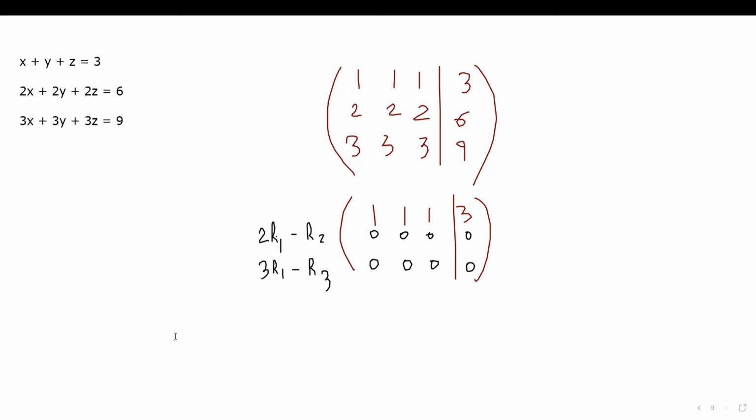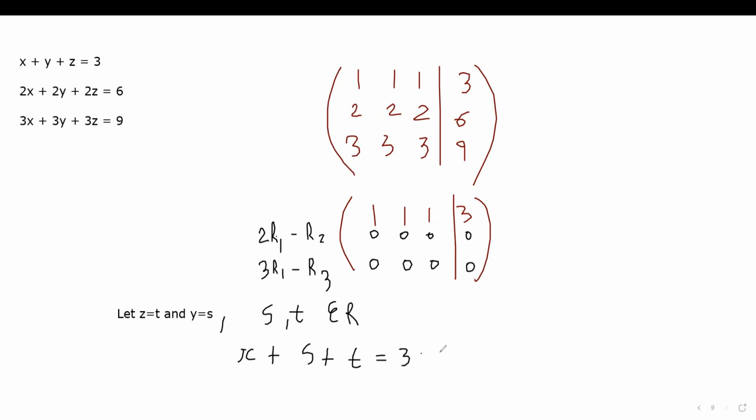So now, since we get nothing for z and y, we can let z be equal to t, and we can let y be equal to another real number s, and we have to say that s and t are elements of R. So what that means is, if we substitute z as t and y as s, the first equation becomes x plus s plus t is equal to 3.